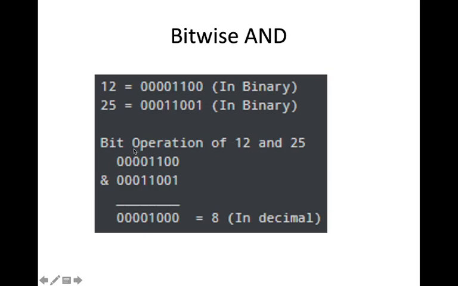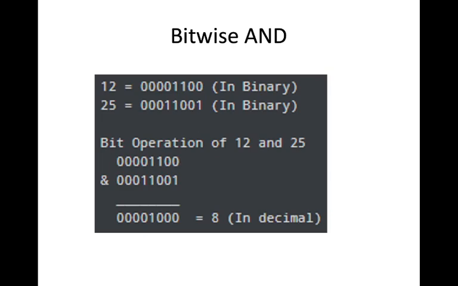Now we are going to perform the bitwise AND operation. This is 12 and this is 25. If we want to perform 12 bitwise AND 25, it will check each bit from right to left, just like you perform addition or subtraction using numbers.